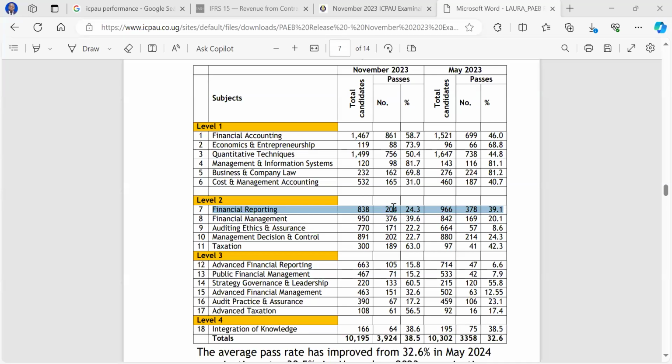The pass rates are not really good, of course, even for other papers, but yours is to ensure that you're at least part of the statistics of those that are passing. And this is not to discourage you, but just to give you an insight into the journey ahead of you, so you know the kind of effort that you really need to put in regarding the paper. Okay.